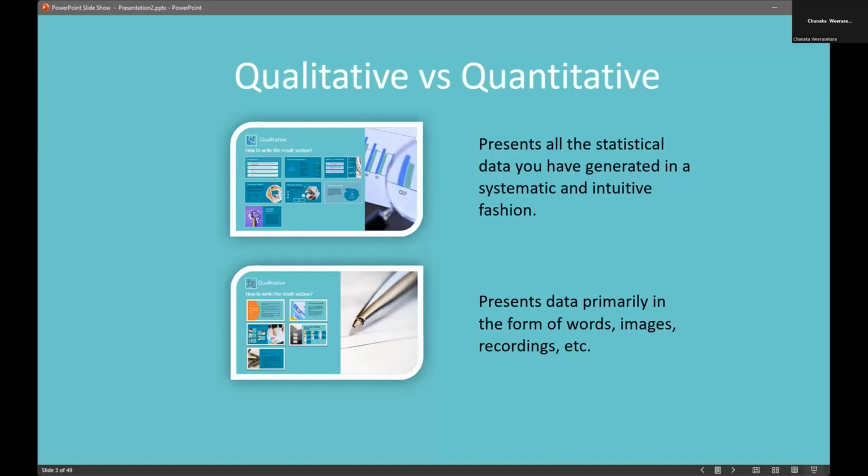So can somebody tell me the difference between quantitative and qualitative, the difference when it comes to type of data? Anyone?